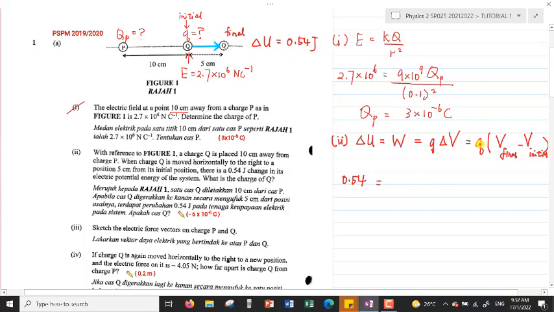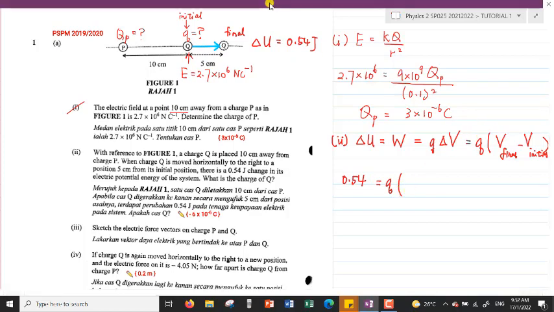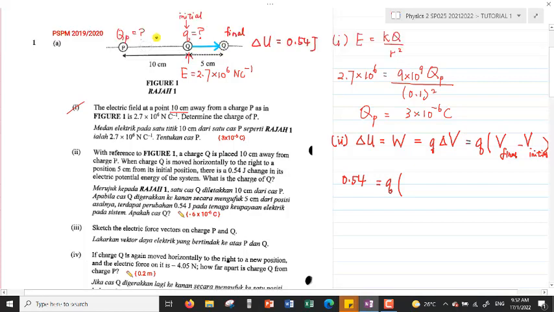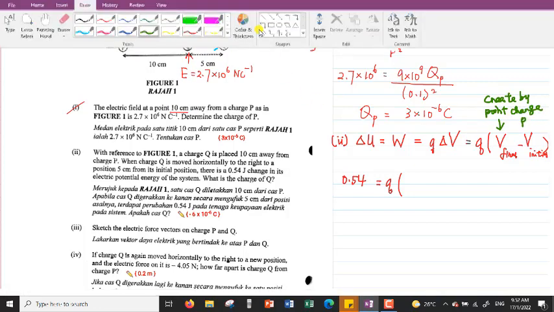The magnitude of the moving charge q is the one that we want to determine. Then how do we find the final and initial potential? This final and initial potential is created by point charge P.